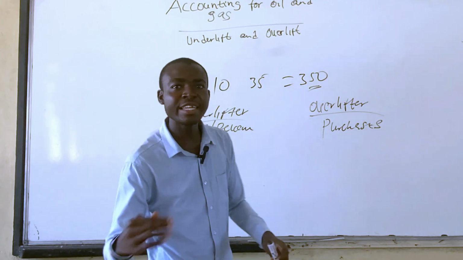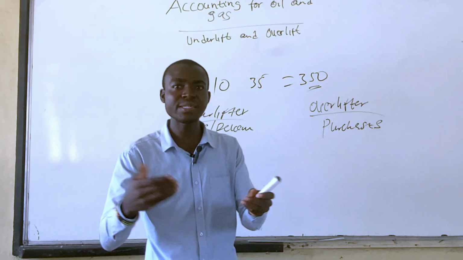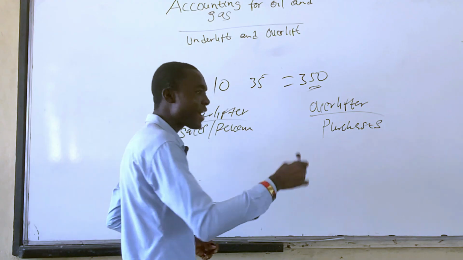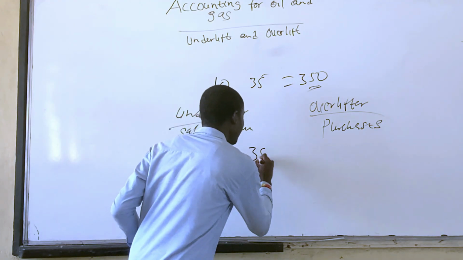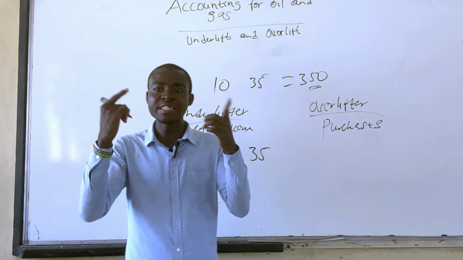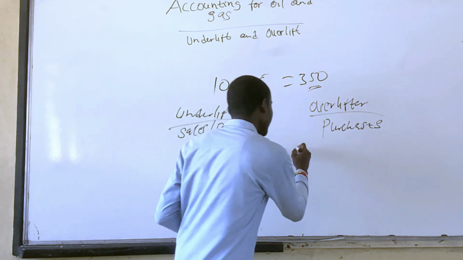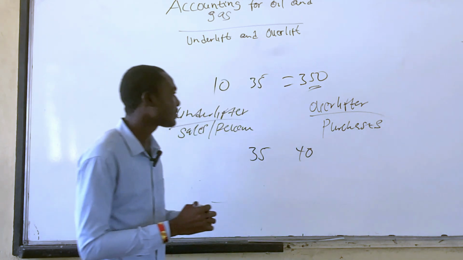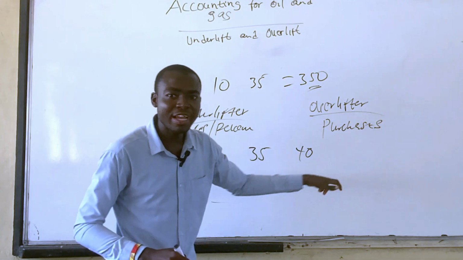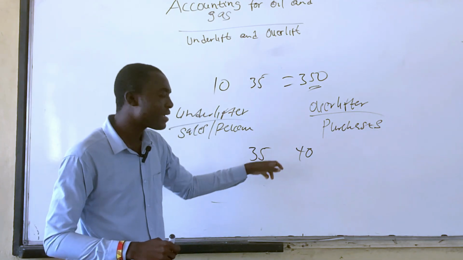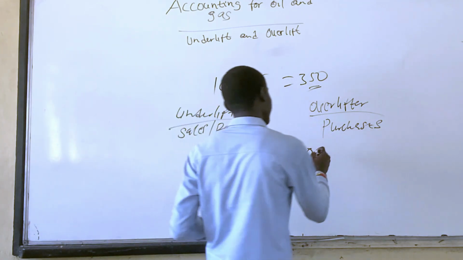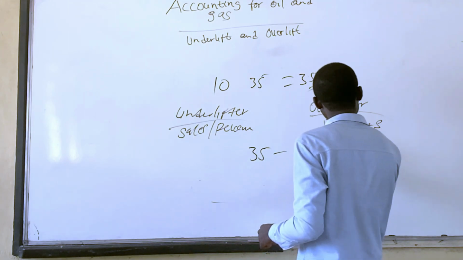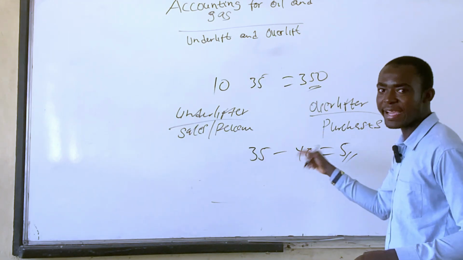So in case on the day in which the transaction took place, the current market price for oil is 35 cedis, and then at the balance sheet date, the market price is 40 cedis, it means that the overlifter must pay an extra 5 cedis.